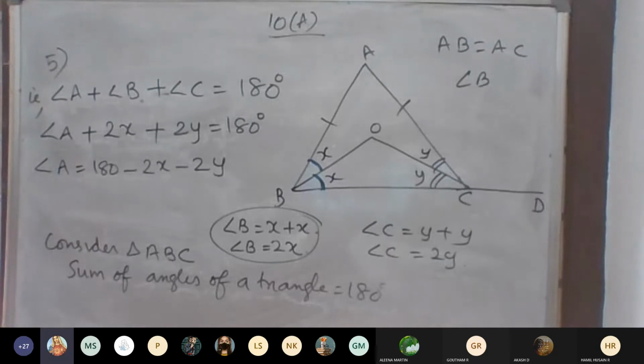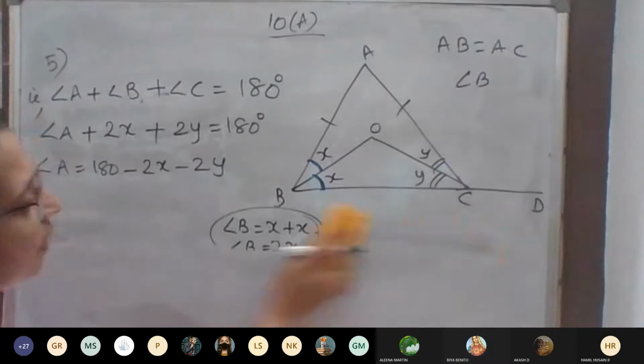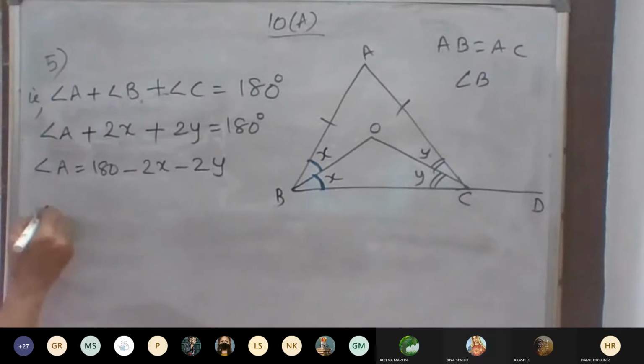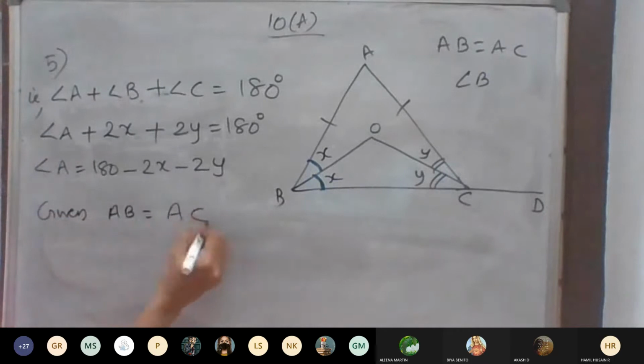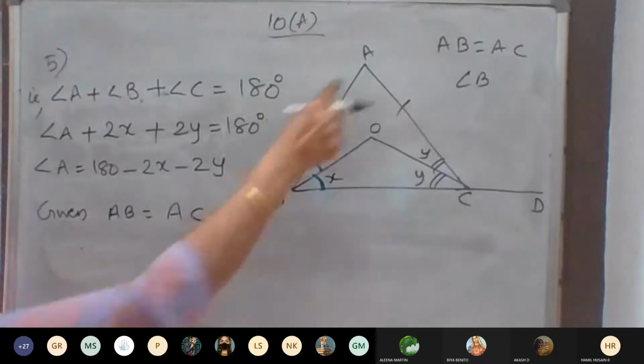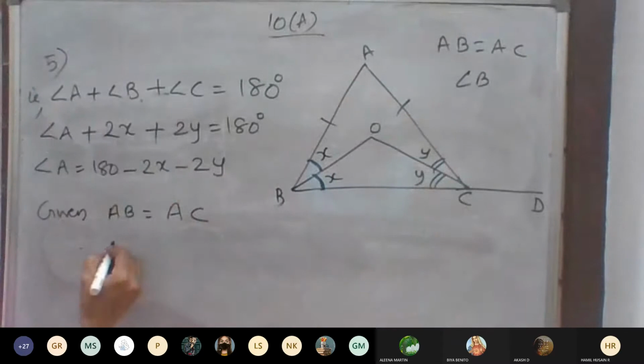Since AB is equal to AC, angle ABC will also be equal to angle ACB. Very good. That is given: AB is equal to AC. Therefore, AB equal to AC means which angles will be equal?